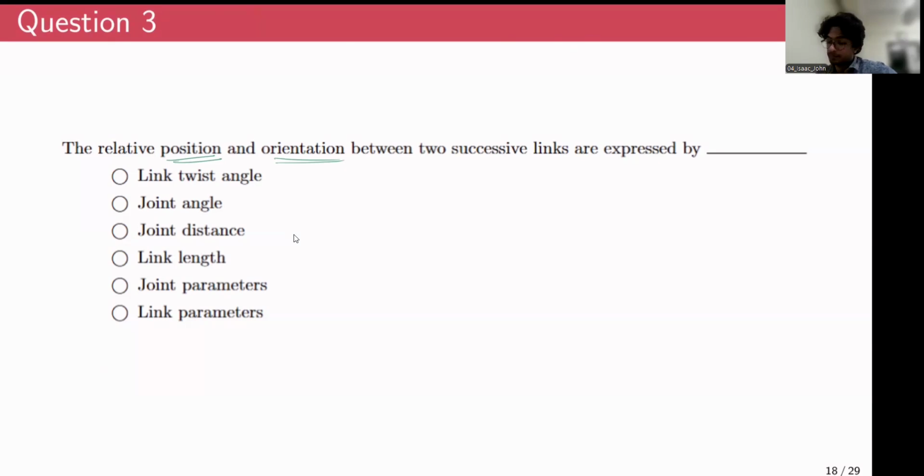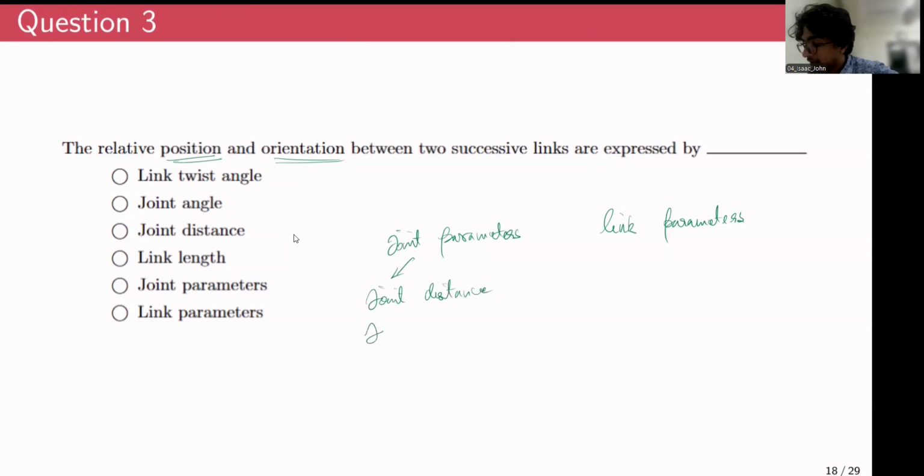So basically, you have joint parameters and you have link parameters. Under joint parameters, you have joint distance and joint angle.